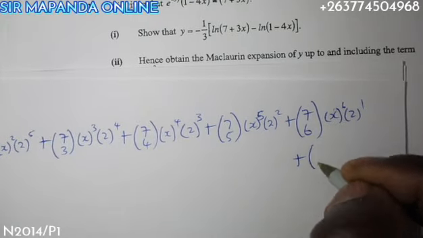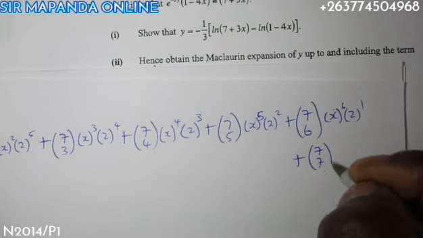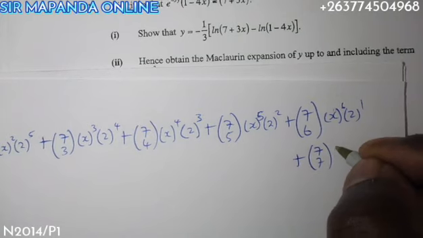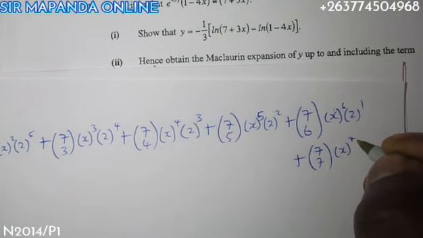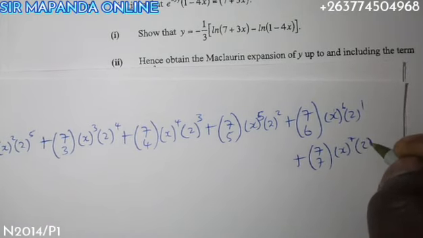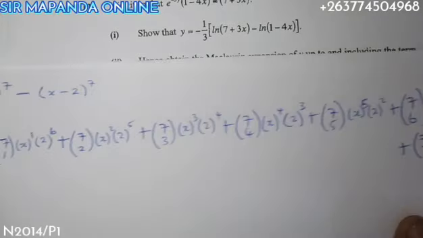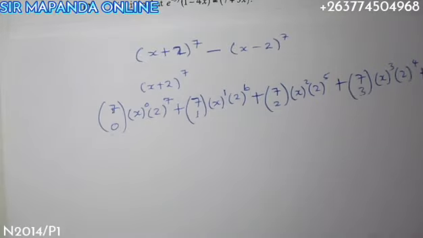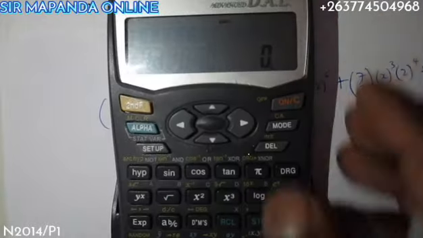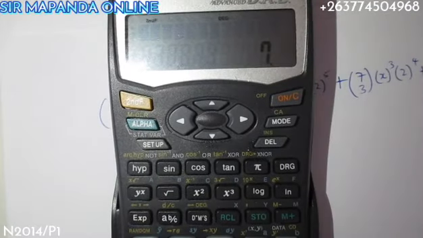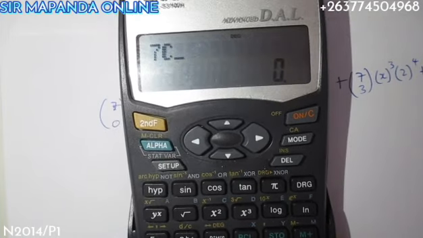And lastly, we have 7, 7. It gives you x to the power of 7 and 2 to the power of 0. So 7 choose 7, you are saying 7 combination 7. 7 choose 0, you are saying 7 combination of 0.